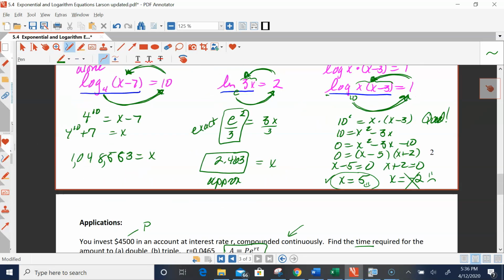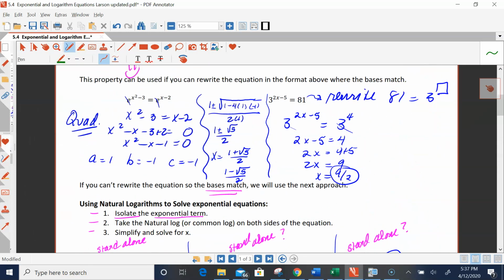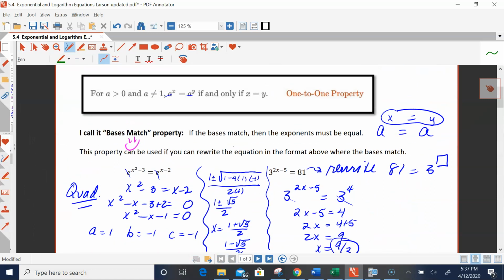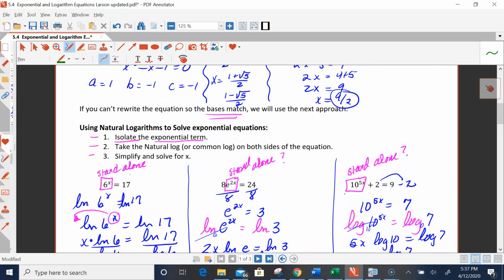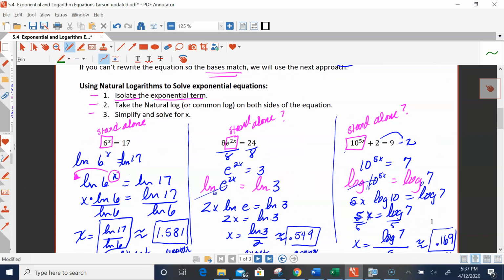So let's back up to exponential equations. I can't use the one-to-one property because I don't have the same base on each side. So I'm going to have to go about it another way, which is to isolate the exponent term and take the log of both sides.